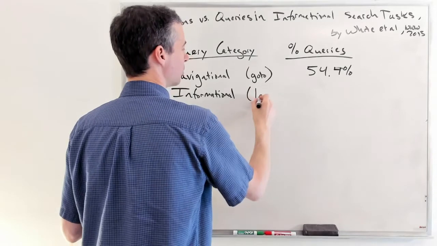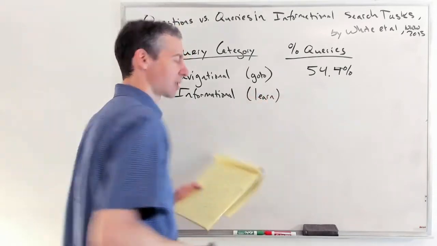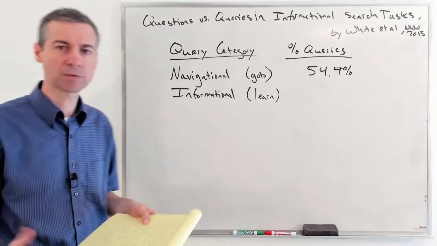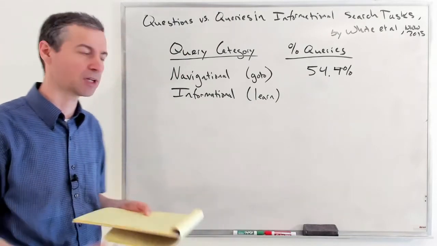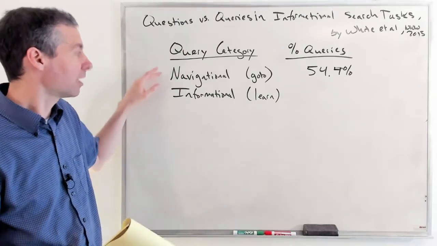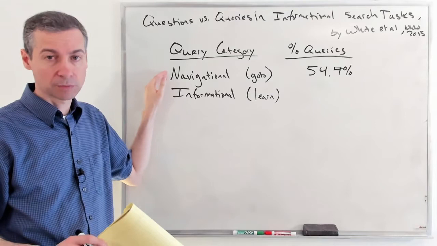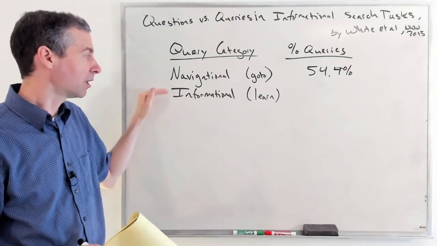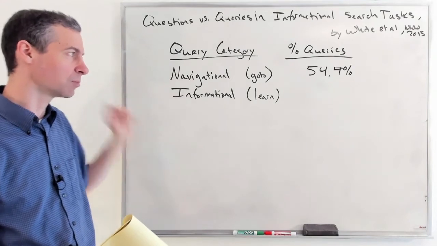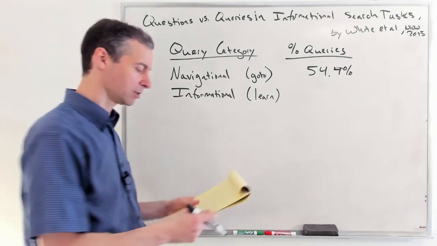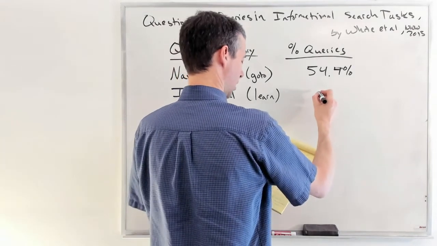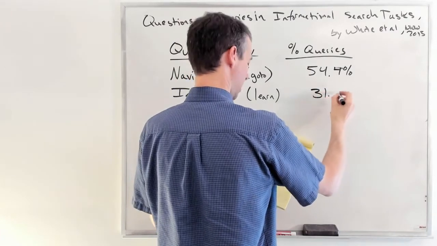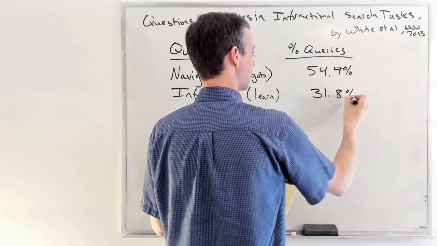This is usually where someone wants to learn something. They need some information to find something. We talk about helping people better satisfy their information needs. Now, navigational are part of information retrieval for web search engines, but informational is what we more commonly think about, especially in this course. And they make up a good chunk, though, 31.8%.